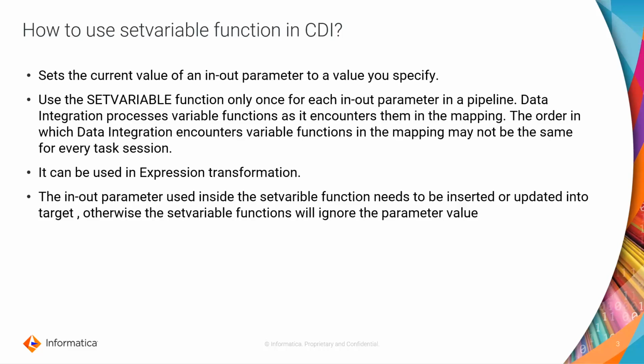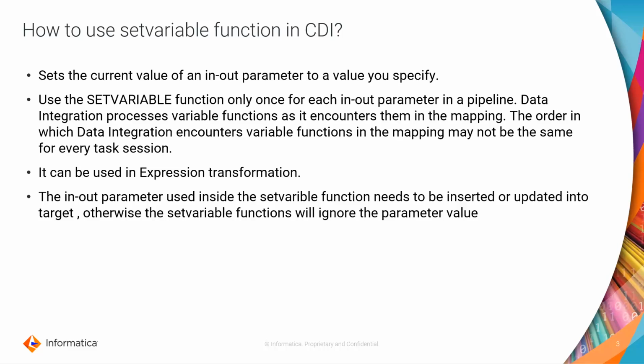You are able to use this function inside the expression transformation. And another thing that is very important to remember is, if you're using this together with an in-out parameter, you need to insert or update the value of this in-out parameter in a target.